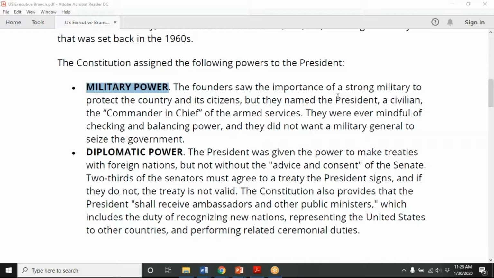We've chosen to entrust this job to military people before, but as far as I know, the president is not a military general. You will never see the president in a military uniform.